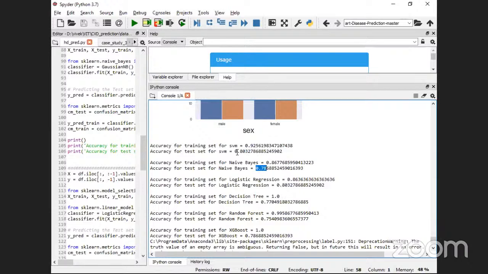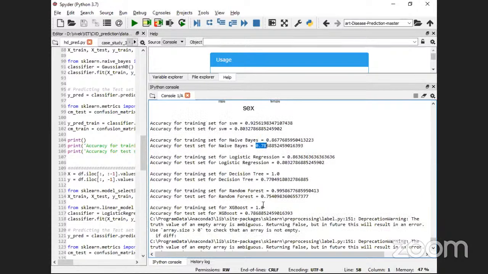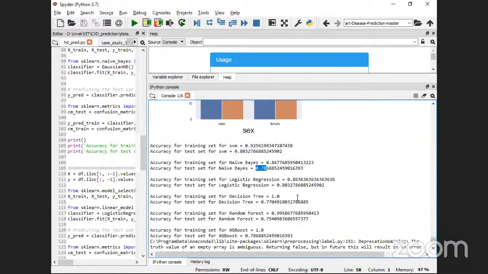SVM and logistic regression are performing almost equally in this case. Compared with all the algorithms, random forest is not performing equal to the others. That is how you can perform a comparison with respect to different data sets, and come to a conclusion about which machine learning algorithm will be suitable for this data set.